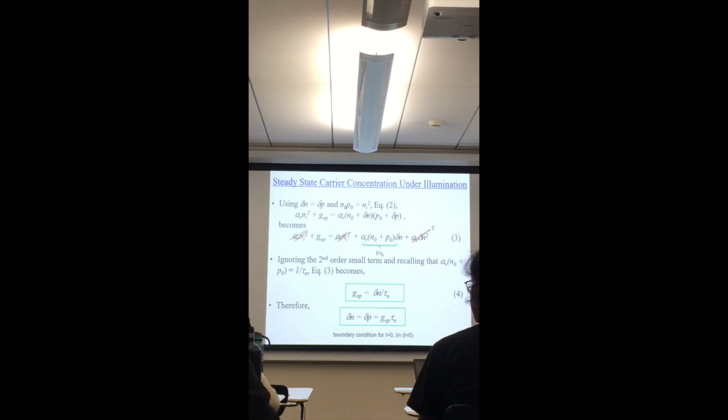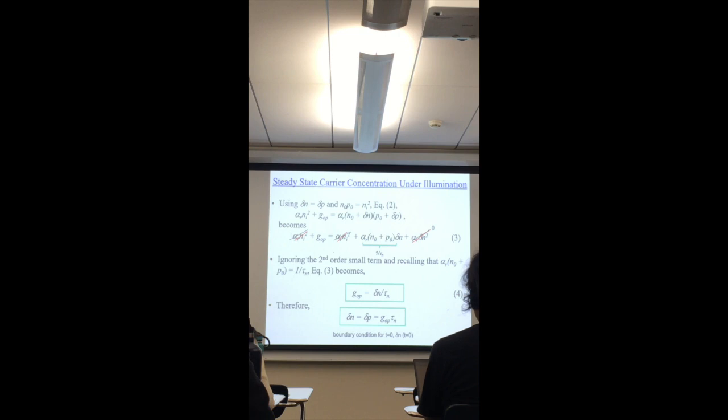And with that, we can determine the initial value. So what's the value here? Okay, so with this equation, we can calculate delta n and delta p, right? So basically it's the optical generation rate G times this tau. So this is a boundary condition for time equal to 0.